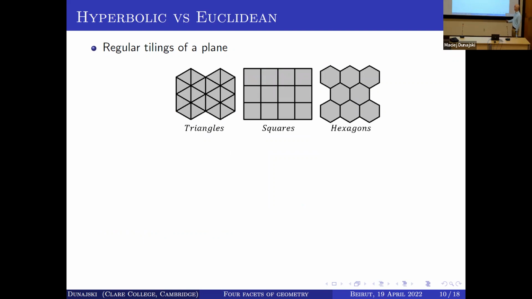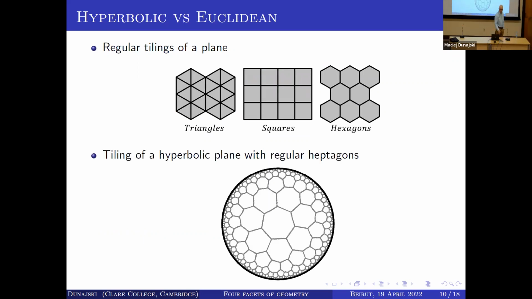You can do it by triangles, or you can do it by squares, and that's it in Euclidean geometry. In hyperbolic geometry, it turns out you can tile a hyperbolic disk, the infinite hyperbolic disk, by any regular polygons.